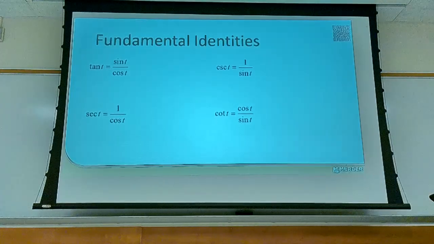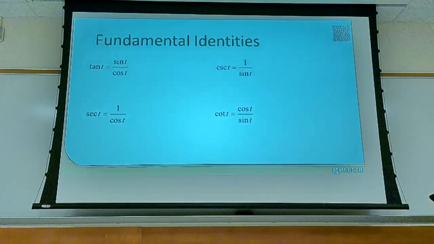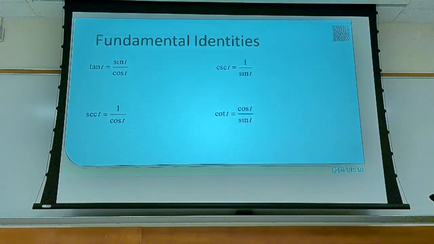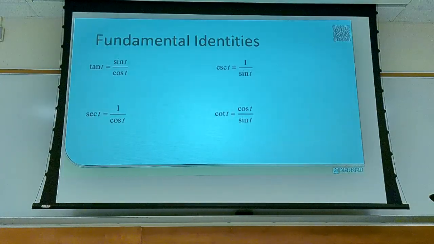Now let's look at this. We know that sine is odd and cosine is even. If you look at tangent, what do you think tangent is? In terms of even or odd, is tangent even or odd? It's odd. It's odd over an even, which is odd.